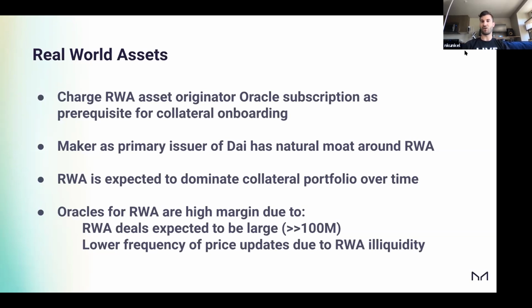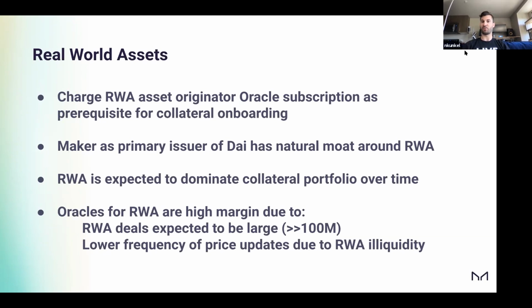Imagine on a $500 million loan, if we're just charging $1 million a year in Oracle fees, and that is a continuous charge that we charge every year as a recurring charge.